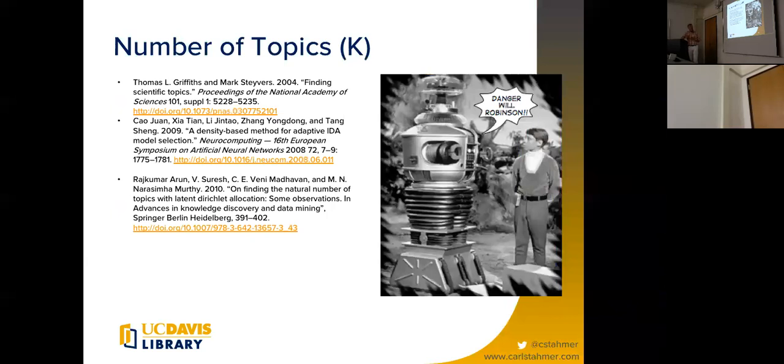We have a couple methods for calculating this. I've listed on the slide deck here 3 papers. Thomas Griffiths, Finding Scientific Topics is the title of one. A density-based method for adaptive LDA model selection, and then this other one on finding the natural number of topics with latent Dirichlet allocation. We know from experience that it's better not to trust any single one.